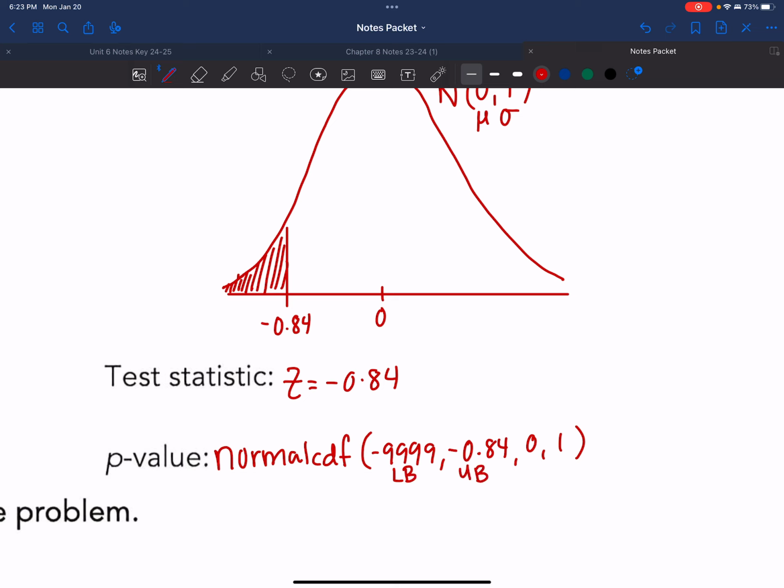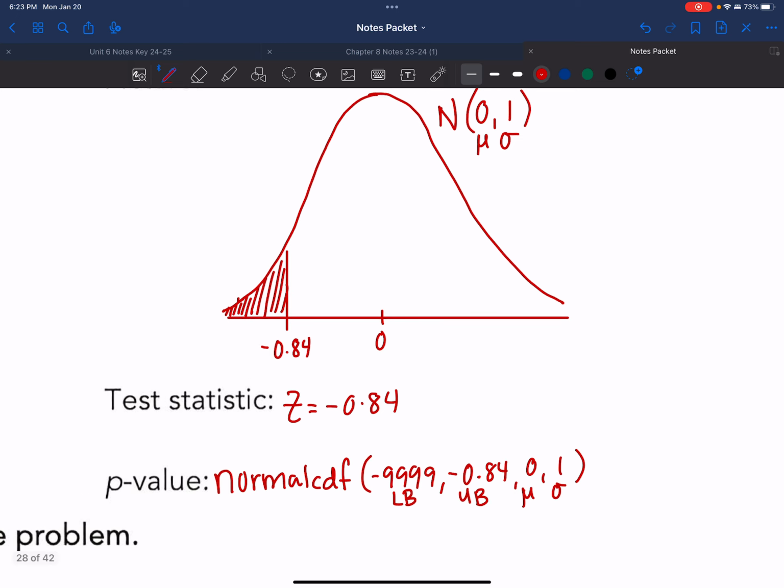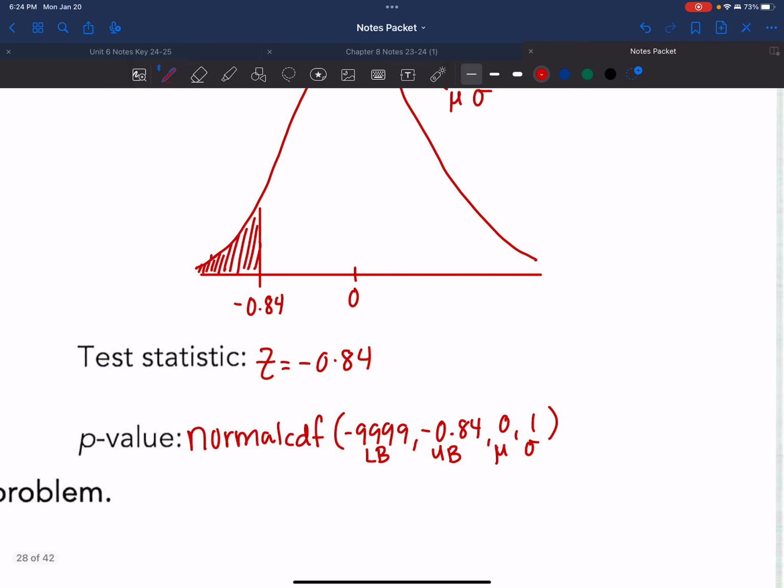Again, if you did normal values like real life values, your mean here would be 0, and then your standard deviation would be something different. In this case, it would actually be 0.10 instead of 1. But if I calculate all this, I'm going to get a p-value of 0.20, so about 20% chance.